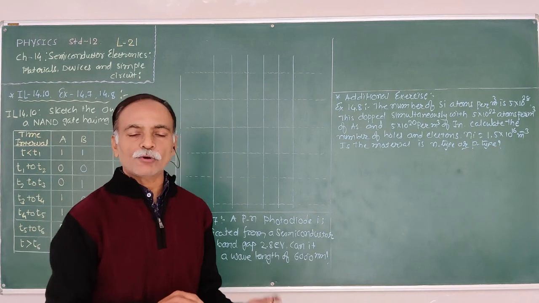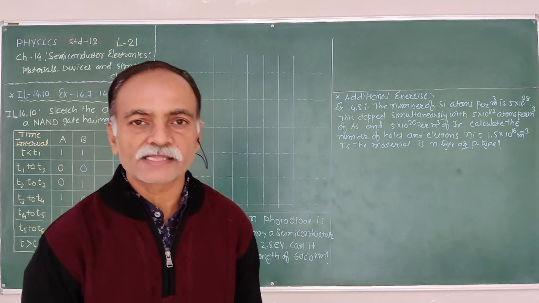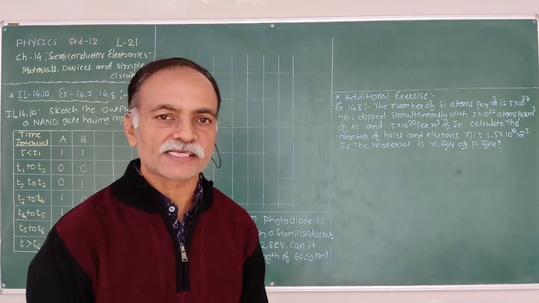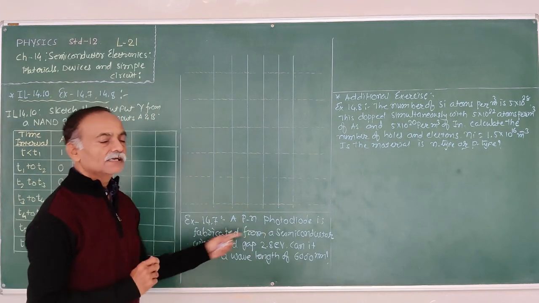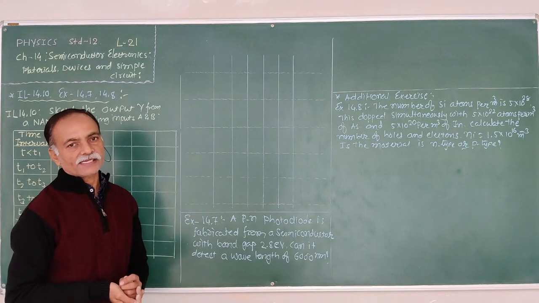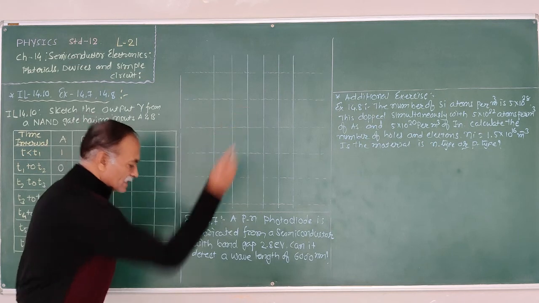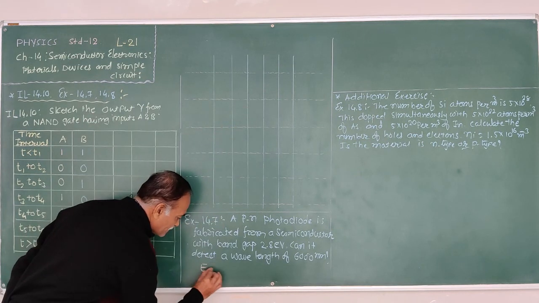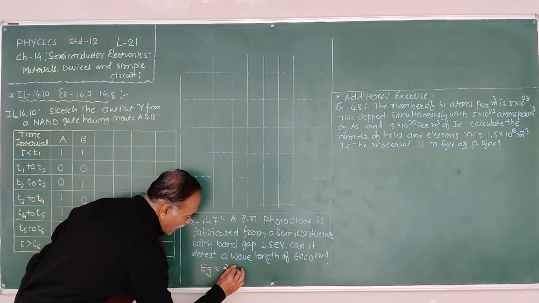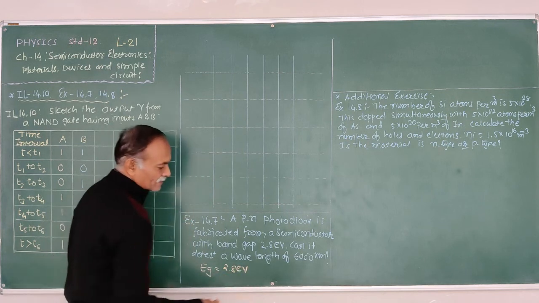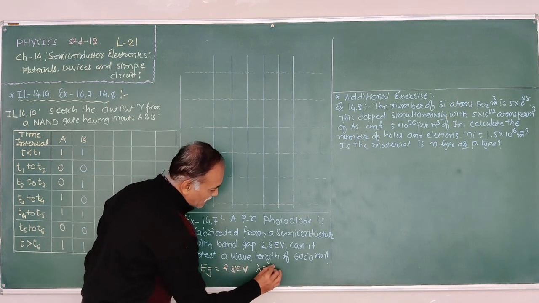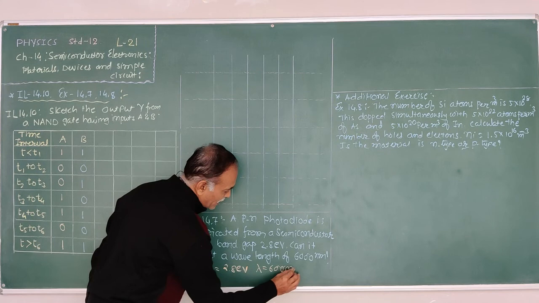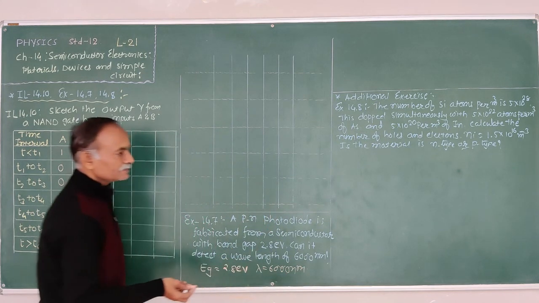If the energy corresponding to the given wavelength is less than the band gap energy, this wavelength cannot be detected. Here, the band gap energy Eg is given as 2.8 electron volt and wavelength lambda is equal to 6000 nanometer.